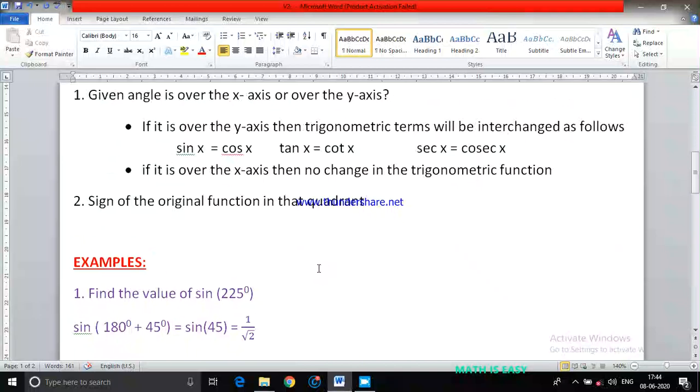I checked whether it is crossing the x-axis or y-axis. I understood that it is crossing the x-axis only. So the trigonometric function sine is remaining as it is, sine only. 45 degrees is coming. What is the second point? It says the sign of the original function in that quadrant. Now sine of 180 plus 45 means the third quadrant. 225 lies in the third quadrant.